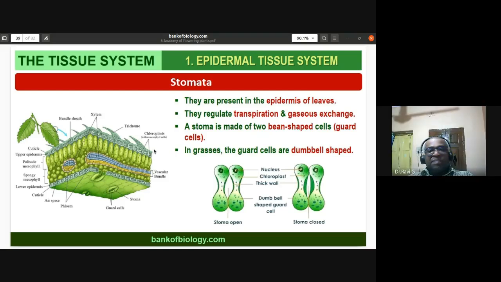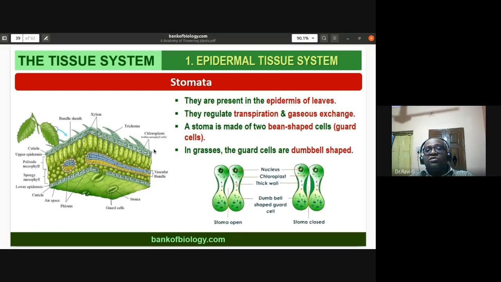Where are the stomata located? They are present in the epidermis of leaves. What is their function? They bring about transpiration and gaseous exchange. The exchange of gases, carbon dioxide, oxygen, everything happens there. What is transpiration?